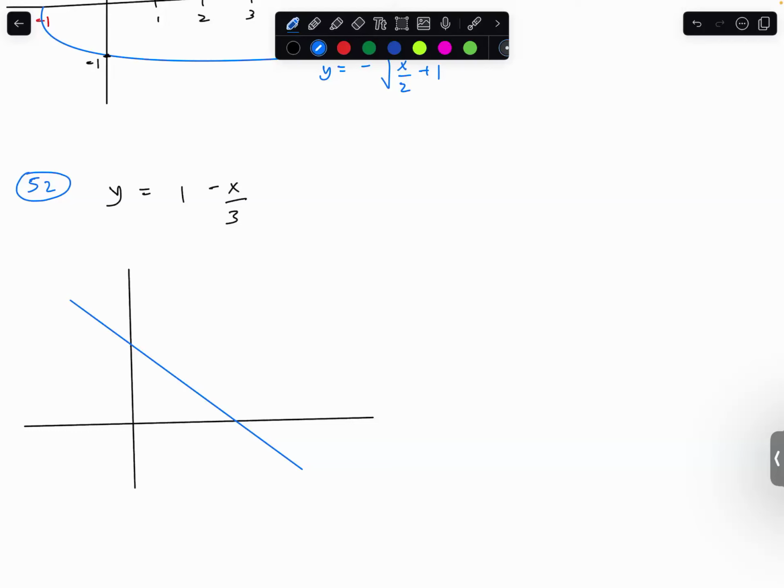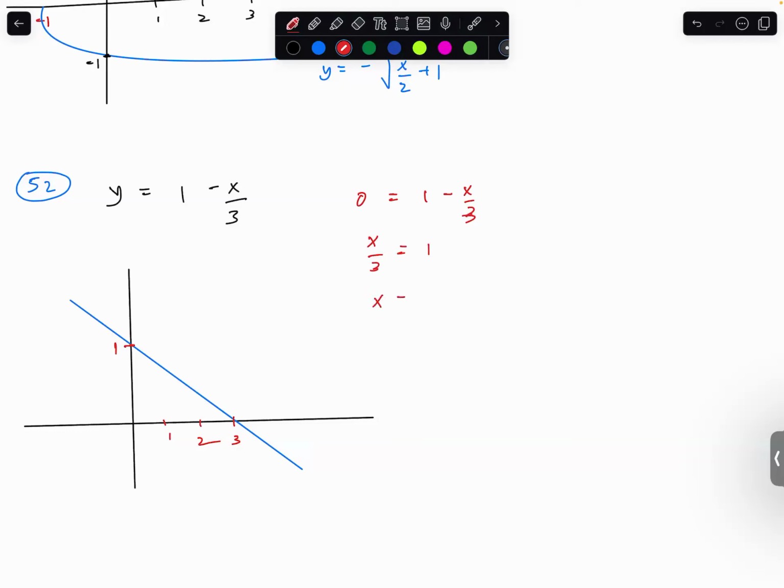Now this is 1 here, and let's say this is 1, 2, and then we have 3 on the intersection, because you can see when y is 0, x will be equal to 3. You can check it from here. If you substitute y equals 0, then you have 1 minus x over 3. If you take it to the other side, you have x over 3 equals 1.